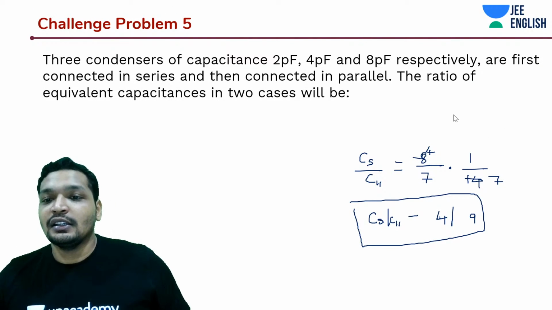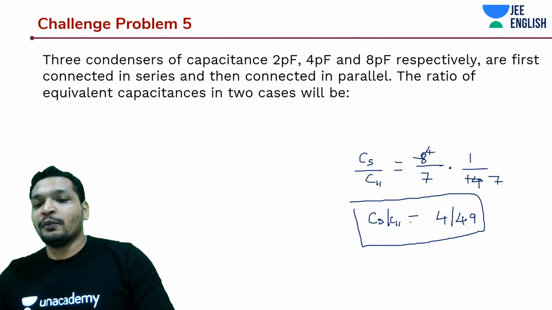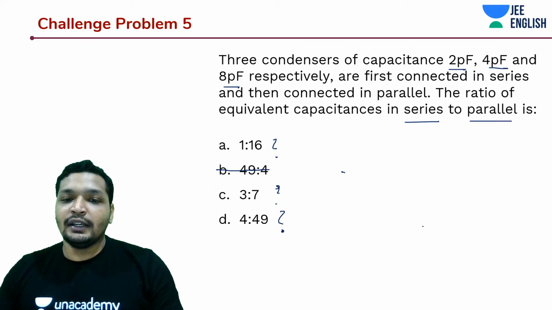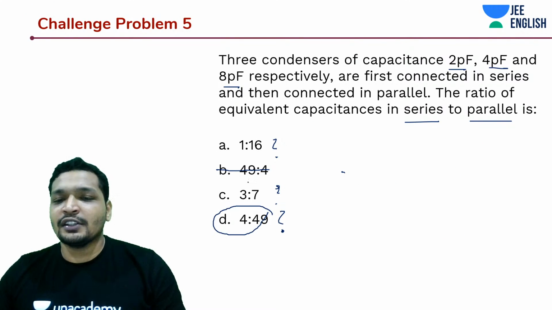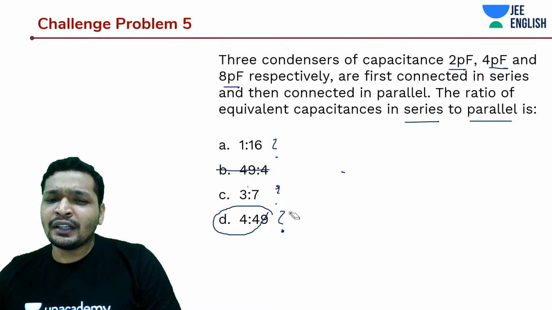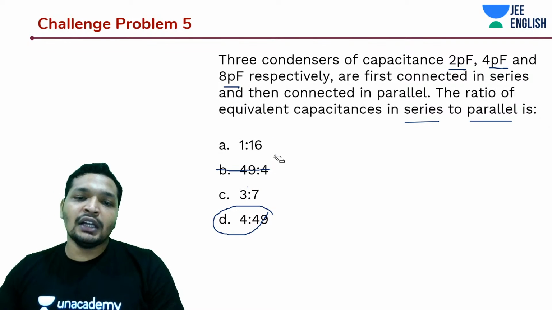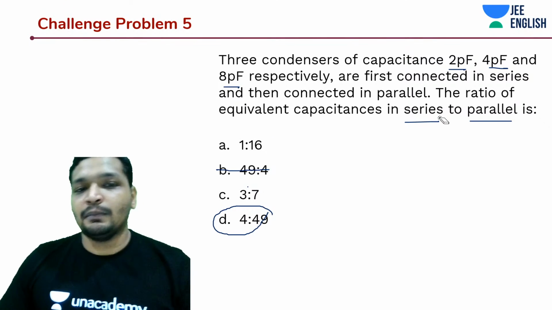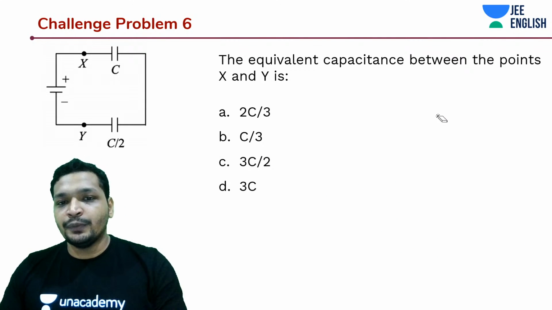I think 7 was in my mind, so it's 4 by 49, alright. So this should have been the answer, not the rest of them, quite easy. So whenever you get two matching options, you can think about it, don't guess it, guys. If you're an Advanced aspirant, don't guess it at all, no guessing. That's the worst blunder that you can ever do.